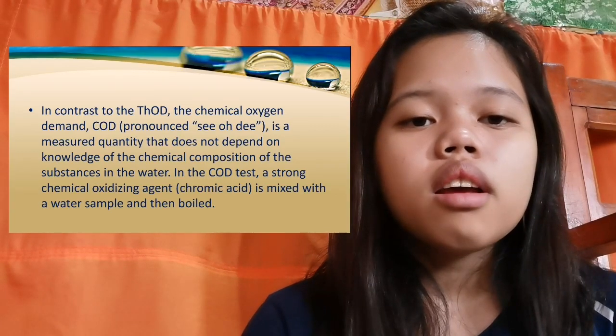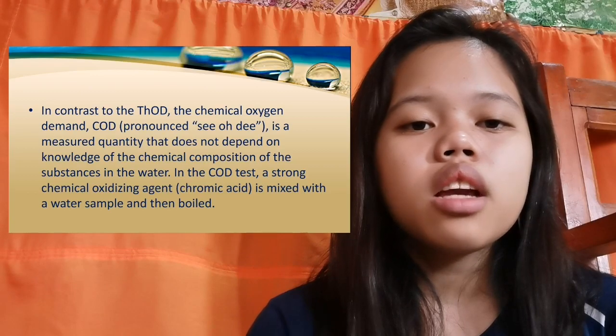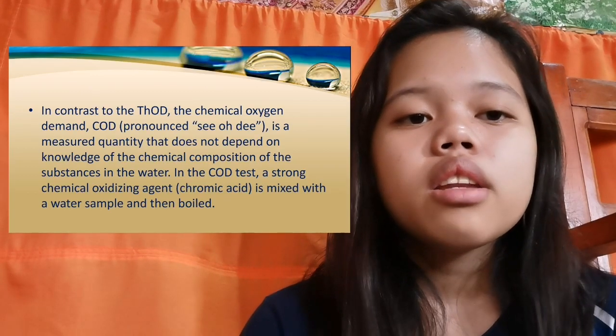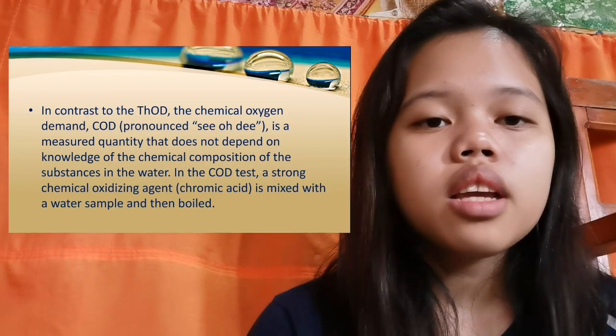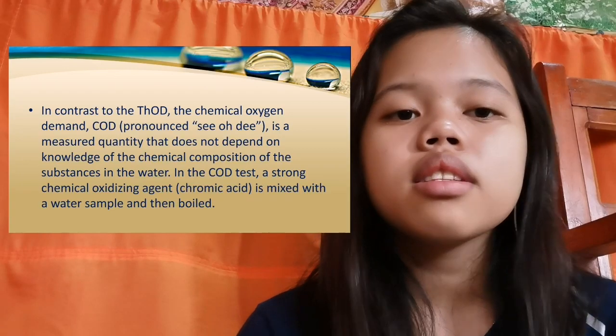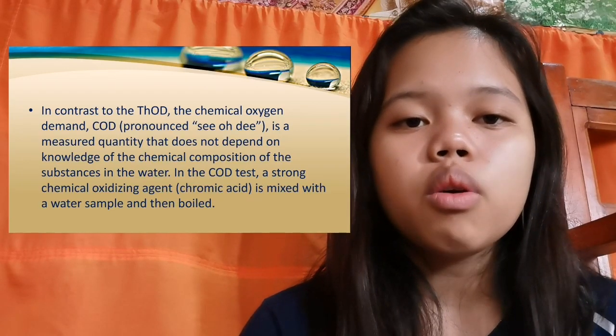In the COD test, a strong chemical oxidizing agent is mixed with the water sample and then boiled. The difference between the amount of oxidizing agent at the beginning of the test and that remaining at the end of the test is used to calculate the COD.